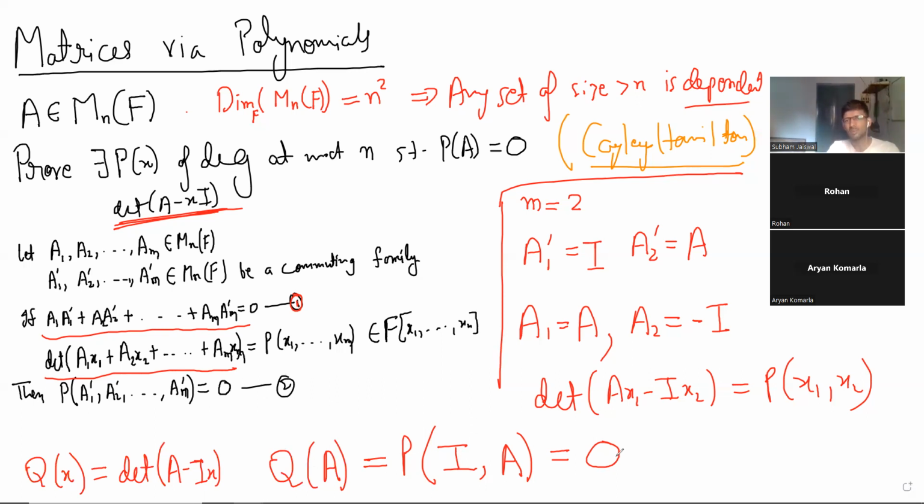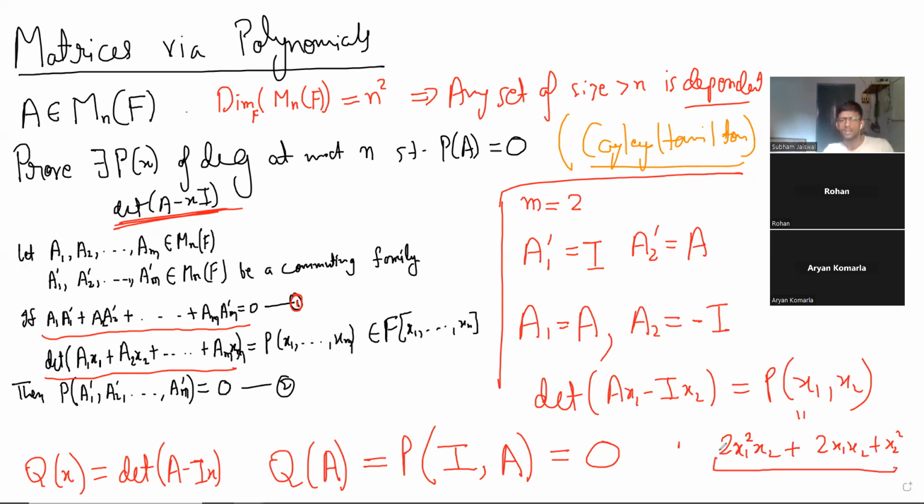Because wherever I is coming, let's just take a quick example. It's good to take an example. Suppose it is x1 squared plus x2 squared, or whatever, x1 plus x2 squared. It will be a homogeneous polynomial if you consider x1 and x2 both, because of the determinant going around. But all that is fine.